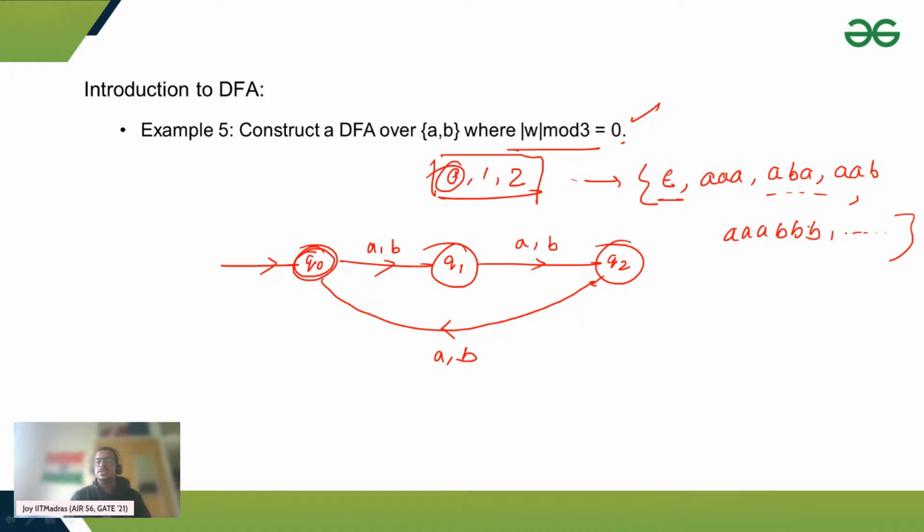So let's try to understand whether it is really accepting all the strings with length where the mod of 3 is 0. Q0 is representing the strings with length 0, then length 1, length 2. Again we are going back: length 3, length 4, 5, again 6, 7, 8.